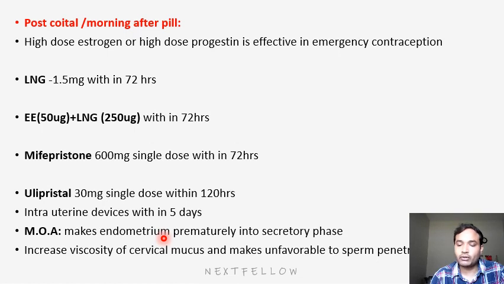It will be unfavorable for sperm penetration. Once sperm do not penetrate into the uterus, obviously there will be no fertilization and no implantation. So it shows a contraceptive effect. That's why there are enhanced uterine secretions, thereby making it unfavorable for sperm penetration, thereby producing an anti-fertility effect.